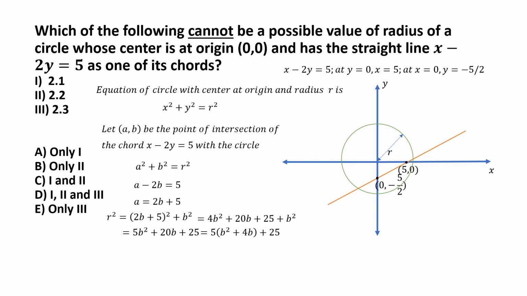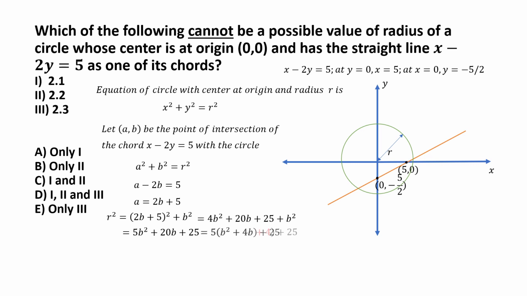Now here what we're going to do is what's called completing the square. And for this, we'll focus on the terms within the parentheses, and we will see what we need to add to those terms so that within parentheses we have a complete square.